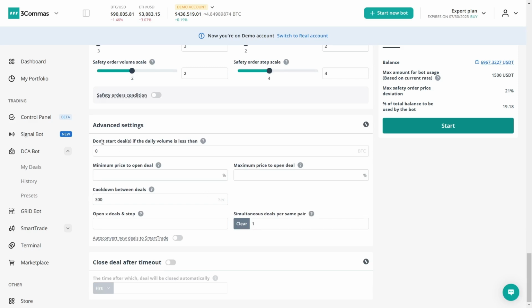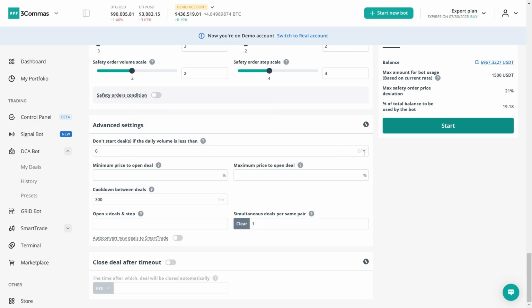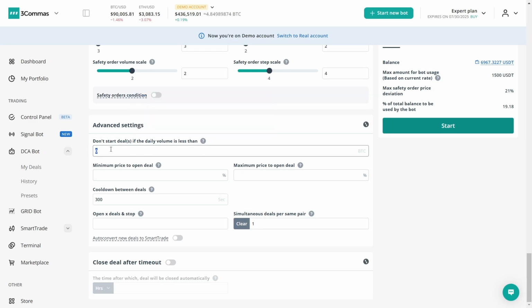You can choose not to start a deal if the daily volume is less than a certain value. This is volume in BTC, so it's not very easy to set up unless you are creating a BTC bot. My bot is USDT, so if I want to use this feature, I need to calculate how much BTC is the amount of USDT I want as minimum volume.